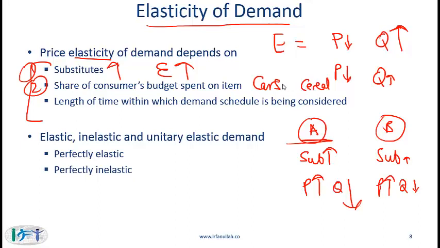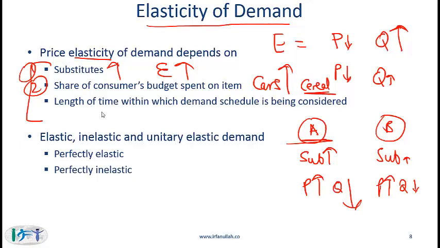When the price of cars goes up, say by 10%, the quantity demanded will come down a lot because a 10% increase in the price of cars is substantial and consumers will probably think again before buying a new car. So elasticity here tends to be high, whereas if the price of cereal goes up by 10%, which hopefully is a small percentage of the consumer's income, then a 10% increase in cereal probably will not have a big impact on the quantity demanded for this product. So here the elasticity will be relatively low.